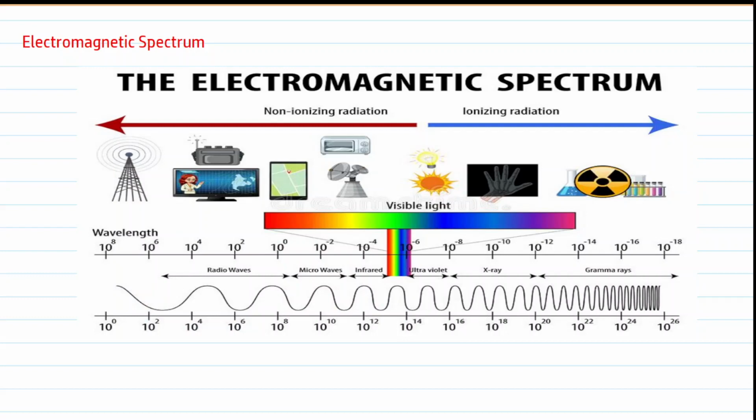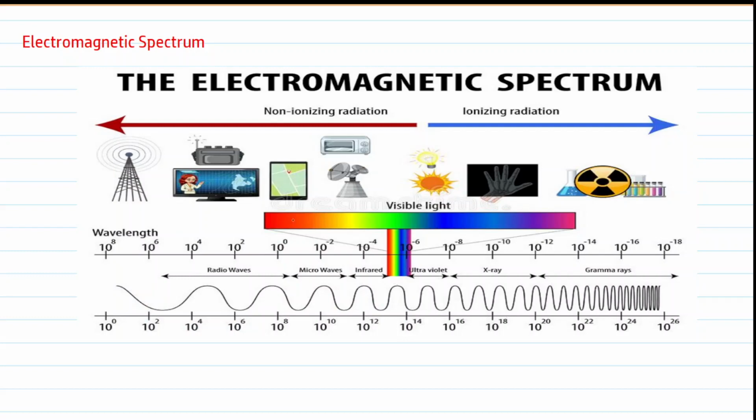Now, the wavelength is reciprocal or inversely proportional to the frequency, as well as inversely proportional to the energy. That's why these ionizing radiations have higher energy and higher frequency. Therefore, they cause ionization.